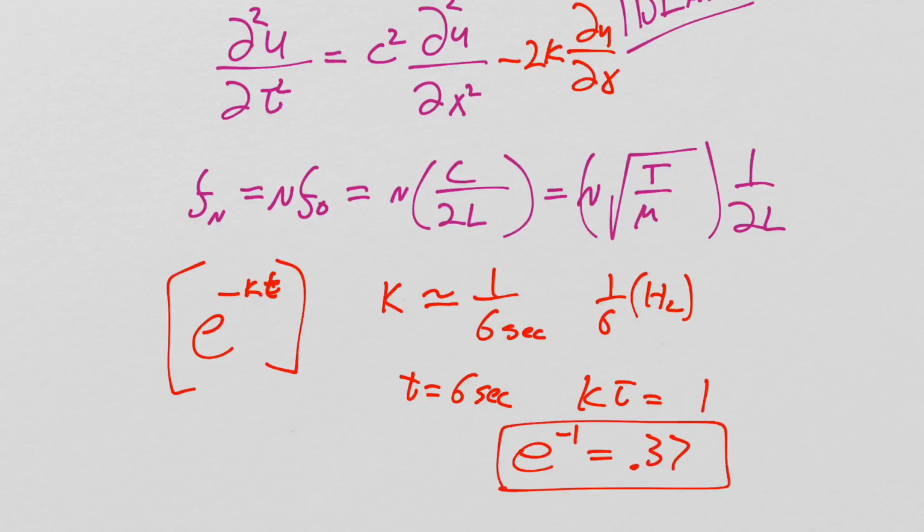So we know that all the modes drop down to about 37% of their original value after 6 seconds. That's what this K is, the K in this equation. And so by just measuring how fast the signal drops from the guitar string, you can figure this out.